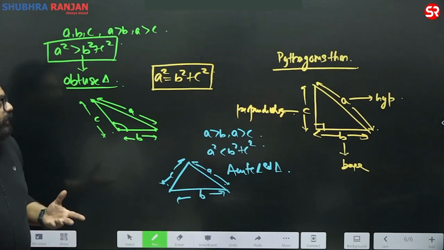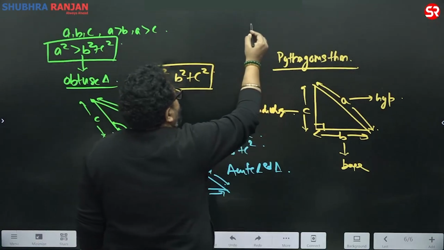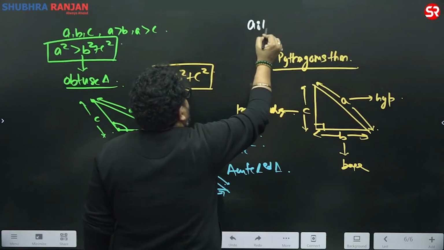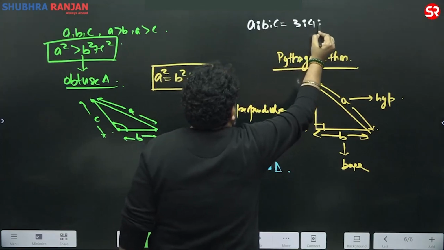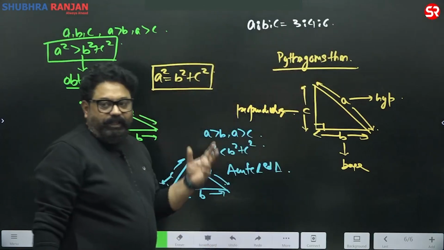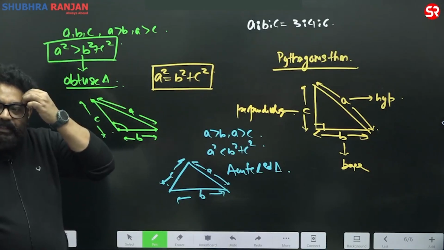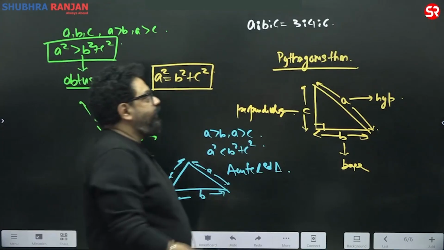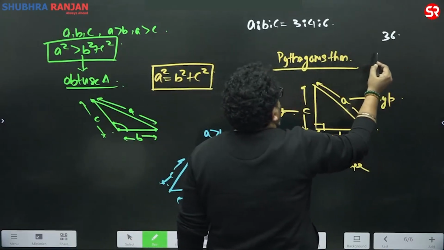So if I say the ratios of sides of a triangle are side A is to side B is to side C is 3 is to 4 is to 6. So what kind of triangle is this? So the lengthiest side's square is 36, right? Lengthiest side is 36, and what is the other two squares?